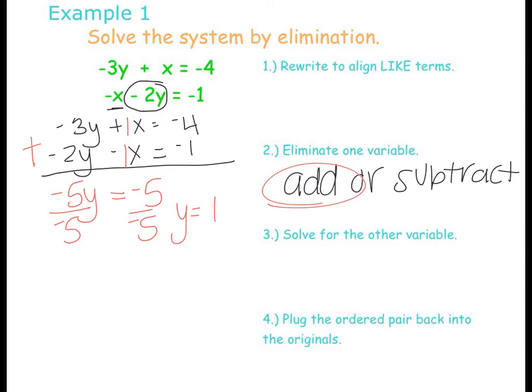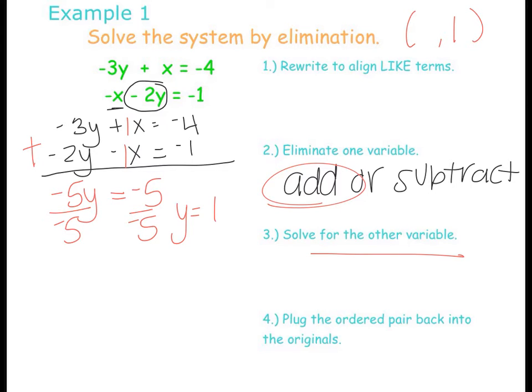Remember, the solution is always an ordered pair. So we now have the second half of the ordered pair. We know that the y-coordinate is 1. Now, we need to solve for the other variable. So we need to take what we know. We know that y is 1, and we need to plug that into one of the equations. It does not matter which one you choose.